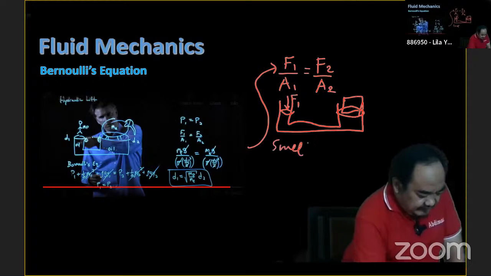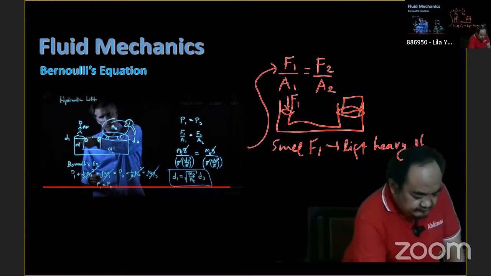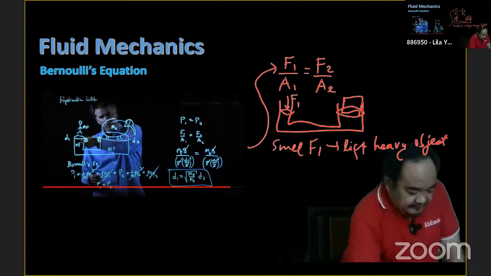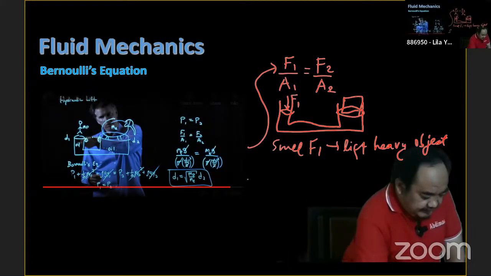Now from the video you can see that not only can the small F1 lift a heavy object, but you can also derive the diameter D1 needed to lift the object on the right side that has diameter D2.